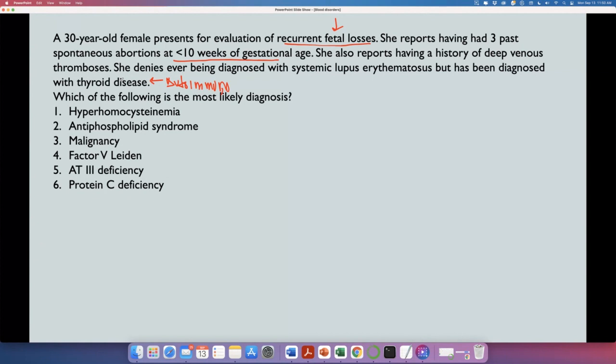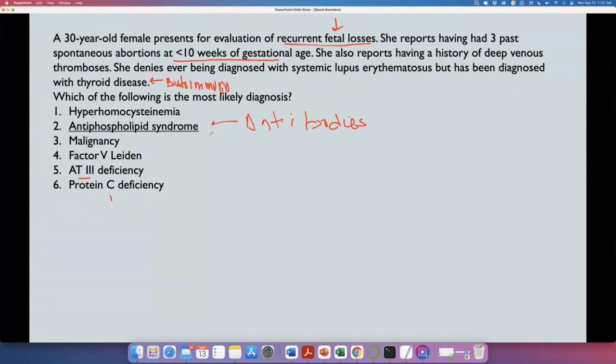This, associated with recurrent abortions and fetal losses, makes us suspect that she has antiphospholipid syndrome, in which we have antibodies against protein C, antithrombin 3, protein C and S, or TPA.